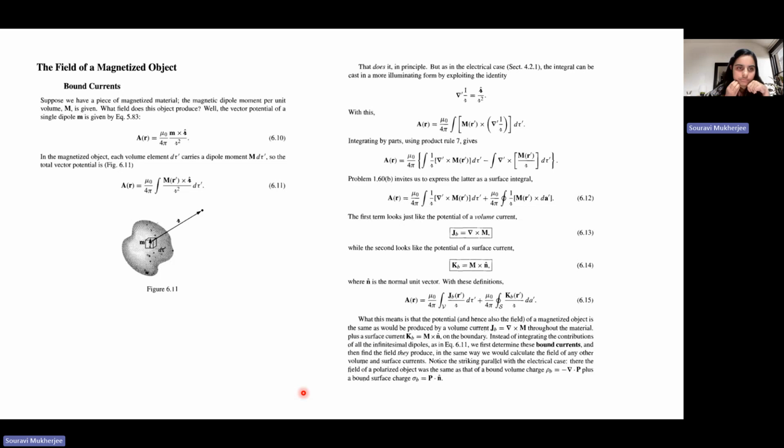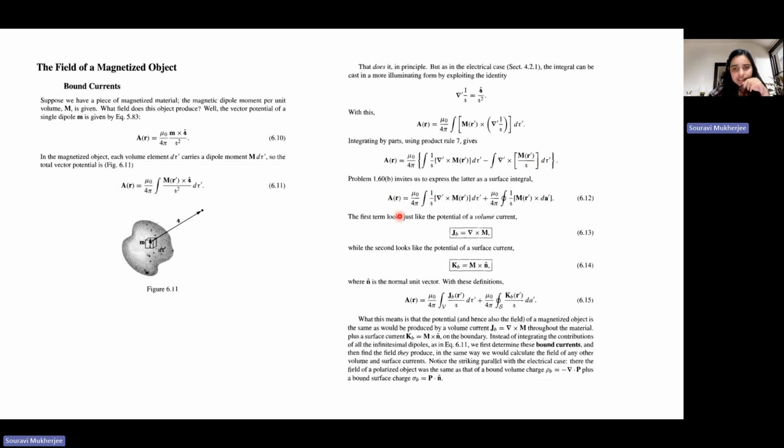If you consider the vector potential of a single dipole, which we just discussed, now if you have a region with a dipole moment per unit volume given as capital M, you can find the total vector potential for your magnetized object by this relation. Then there are different mathematical simplifications one can do. The final result is very interesting.